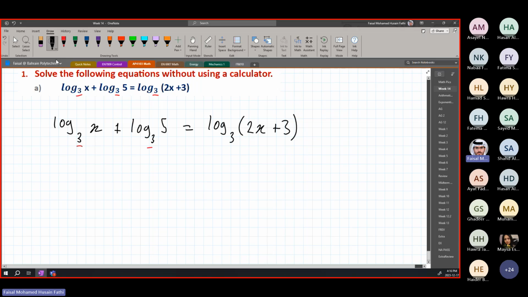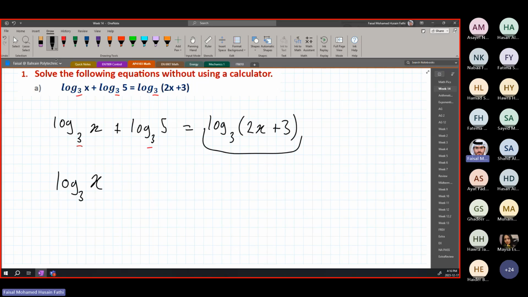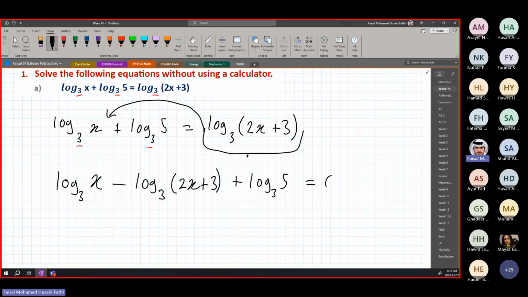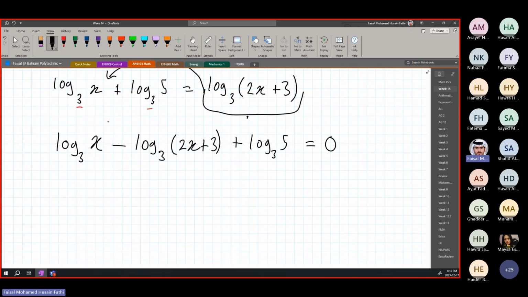We will group all the x's. So log 3 of 2x plus 3, we will take this to the other side. It's plus here, so it will become minus: log 3 of x minus log 3 of 2x plus 3 plus log 3 of 5 is equal to 0. And now we have grouped all the x's together.